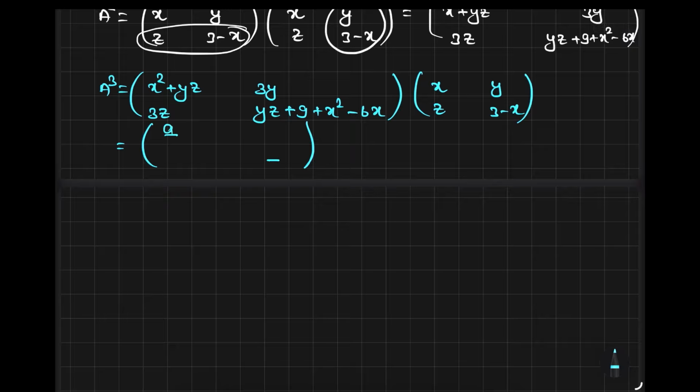So this is A11, the first row with the first column. We have to find the trace, so I will focus on the trace. Trace means the addition of a11 plus a22. So focus on 1 1.